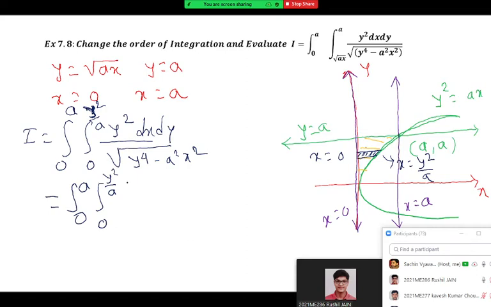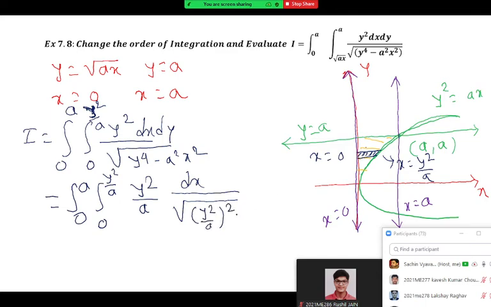Yes, the formula you are using is correct, but we should convert it to that form. We know the form is the integral of 1 upon root of a square minus x square, so only this variable should be there. So let me take a square common. If we take a square common, it comes outside the square root as only a. We are left with dx upon the square root of (y square upon a) whole square minus x square, and dy as it is. So this is a constant.